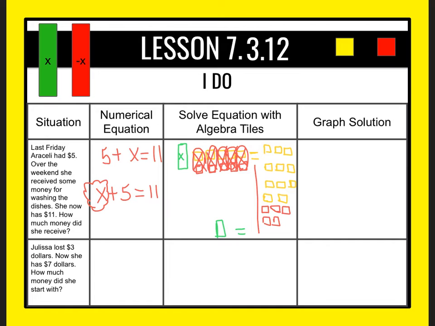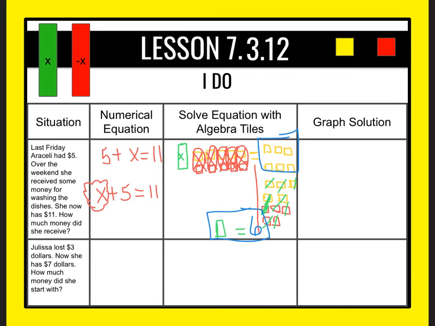I also see 0 pairs right here. So for every negative one, a positive goes away. So that's 1 0 pair, 2 0 pair, 3 0 pair, 4 0 pair, and 5 0 pair. And that lets me know that I end up with x is equal to a positive 6. And you can see that right there.